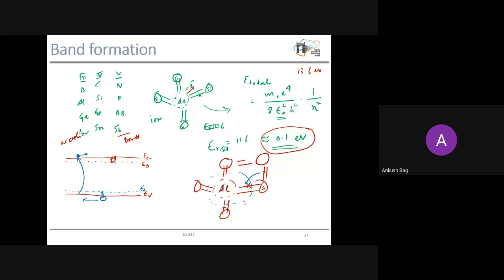Another important conclusion we discussed yesterday is that just breaking a covalent bond in these semiconductors, because semiconductors mostly have covalent bonds, is a lot more difficult than breaking a bond and making another bond.